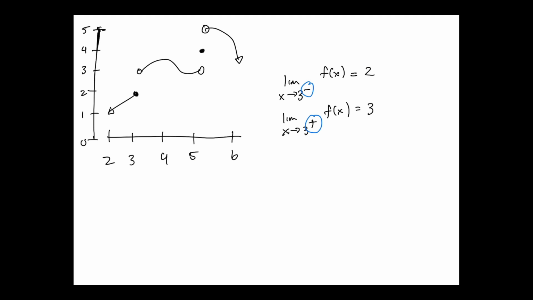Okay, so what's the whole point of this? What we're going to use this to do, and we'll talk about this a little more next time also, is to build our definition of continuity.